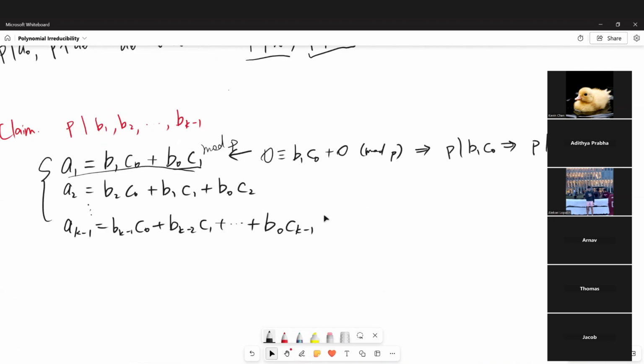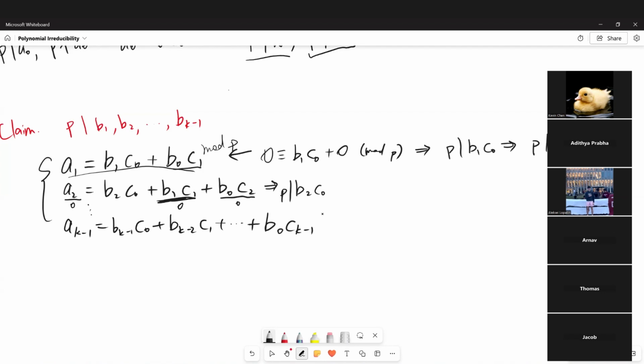And similarly for a_2, since p divides b_1, this expression is just 0, and p divides b_0 implies that this expression is also 0. And p divides a_2 implies that this is also 0. So that means p divides b_2 c_0.